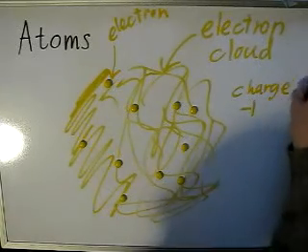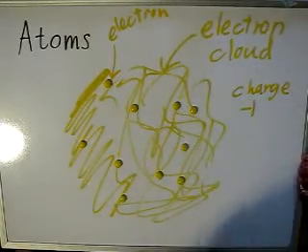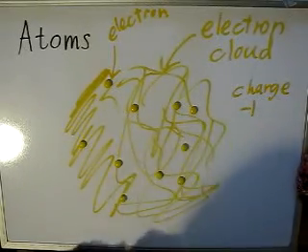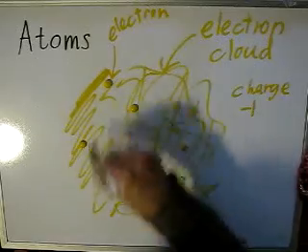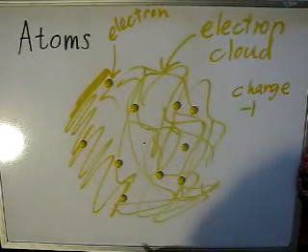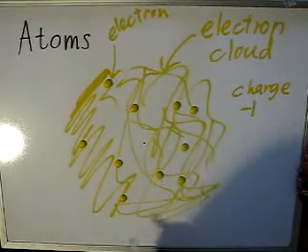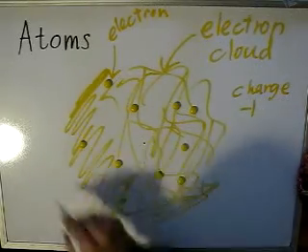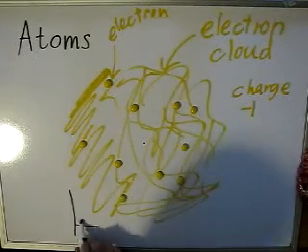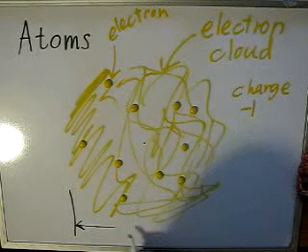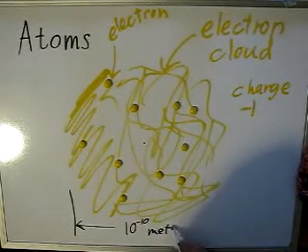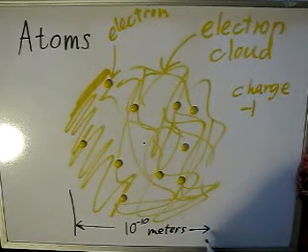Okay, now it turns out that it took a long time to find this, but at the very center, if you were able to zoom in 10,000 times more than this, you would find that there is a little tiny object in the middle. That little tiny object is much, much smaller than the atom. So remember again, the whole atom here, the whole electron cloud, is 10 to the minus 10 meters across, approximately.